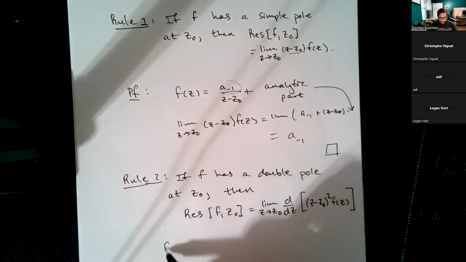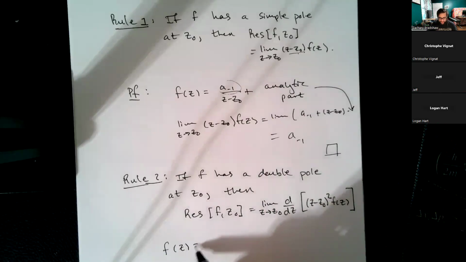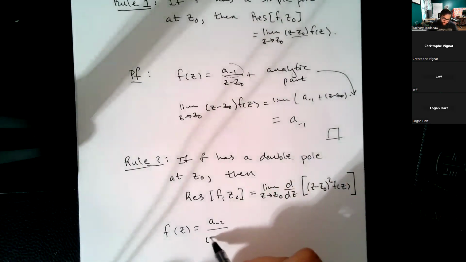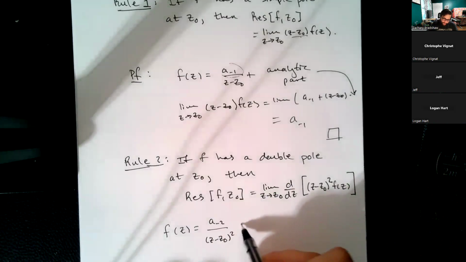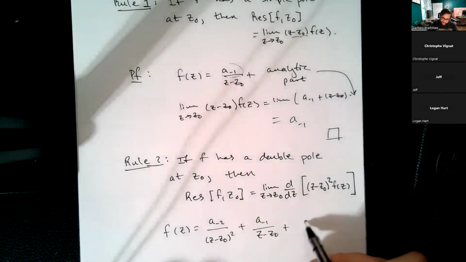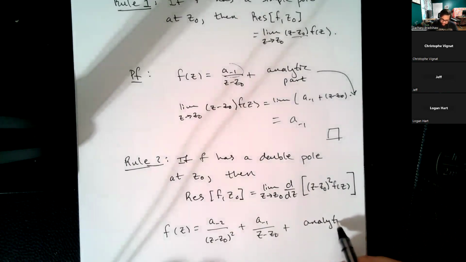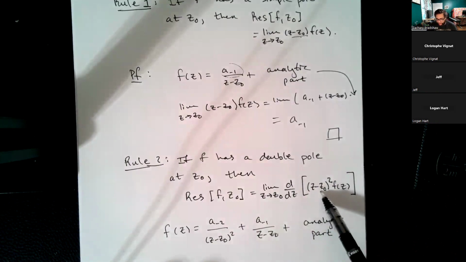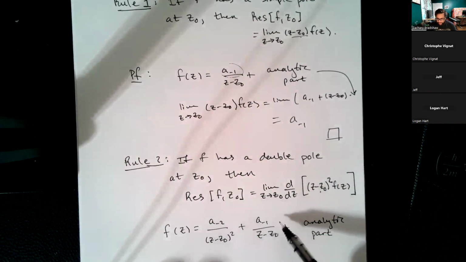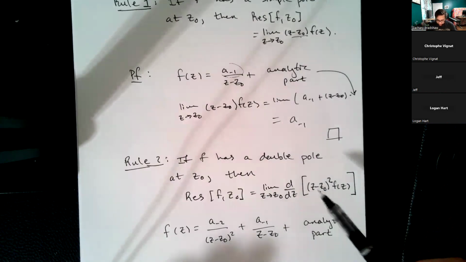Now you can write F as, since it's a double pole, that means order 2, A minus 2 over Z minus Z naught squared plus A minus 1 over Z minus Z naught plus the analytic part. So you multiply by Z minus Z naught squared, that gives you an A minus 2, and then an A minus 1 times Z minus Z naught plus Z minus Z naught squared times something analytic.